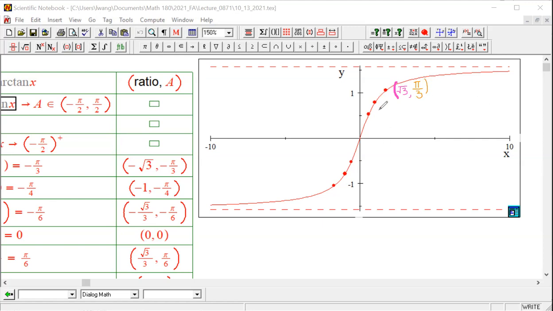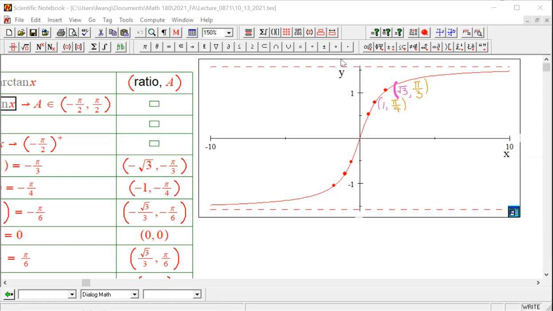And the next one, this is 1. The angle is pi over 4, referring to the arc length or the angle.